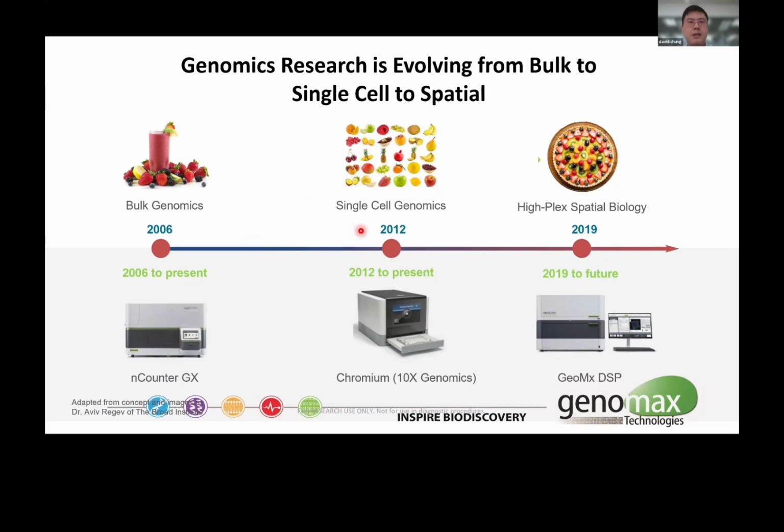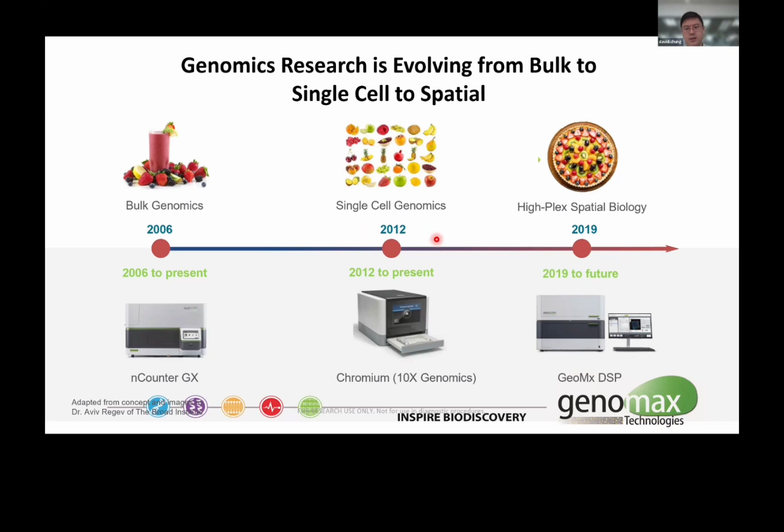But the problem is you still lose the 3D information. Because in tissue, the cells work together side by side, and they are communicating with each other in the 3D morphology. So when you extract them and sequence them in a single cell, you lose this spatial information, and there's also a chance to miss out any rare populations.